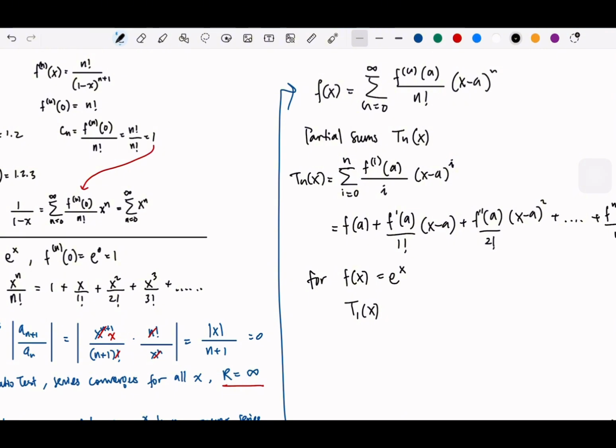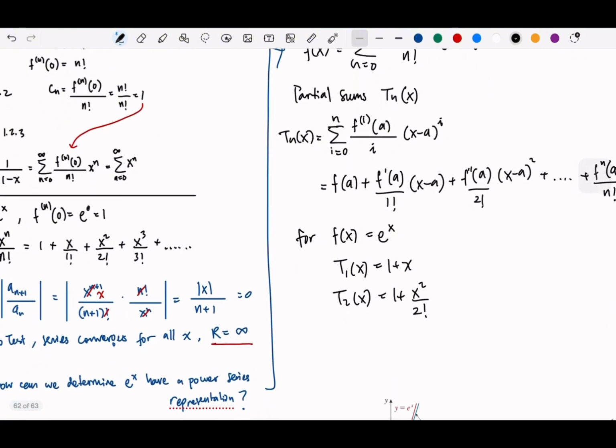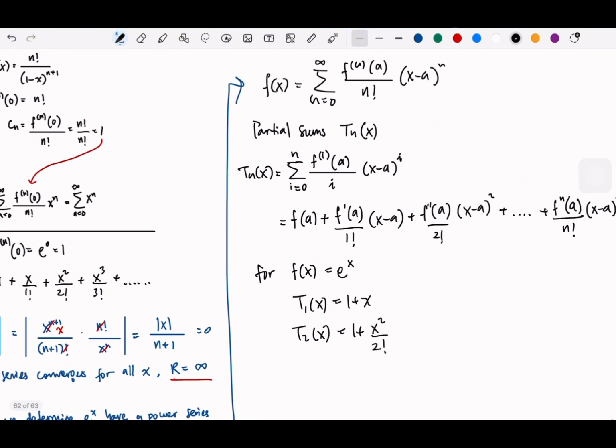So T1(x) for e to the x is 1 plus x, and then we increase to 1 plus x plus x squared over 2 factorial, and then we can also take T3(x), 1 plus x plus x squared over 2 factorial plus x cubed over 3 factorial, and let me just add one more.